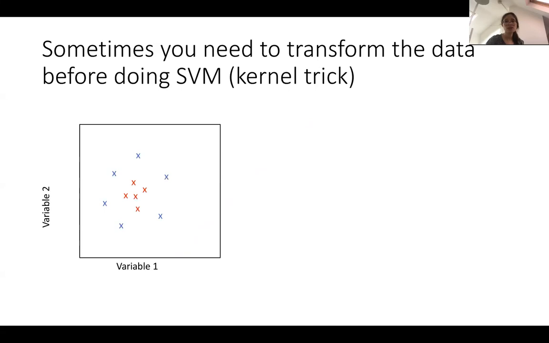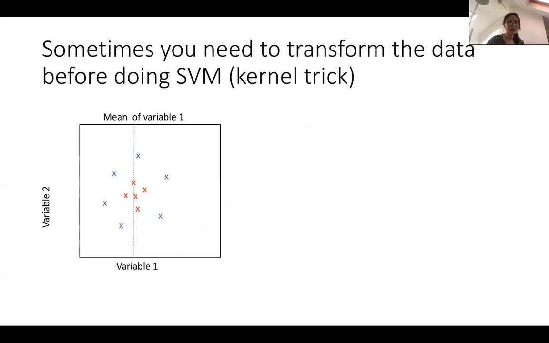Sometimes you need to transform the data before doing a support vector machine. For example, you can clearly see that the red points and the blue points are found in different areas of the graph. However, you wouldn't really be able to separate out these two classes using a straight line. However, we can do the following procedure.